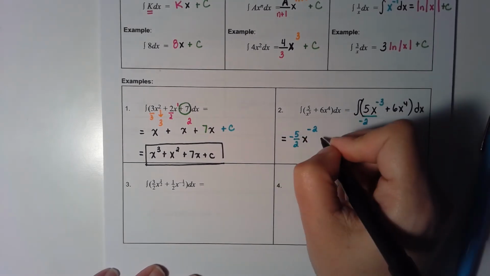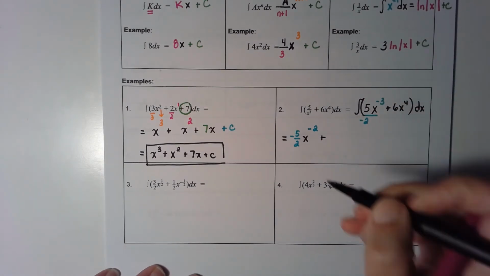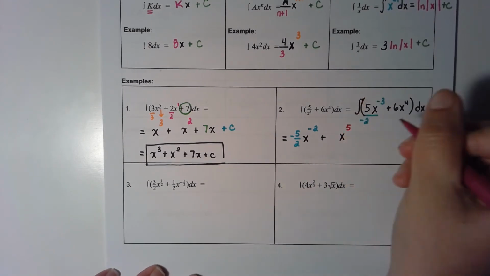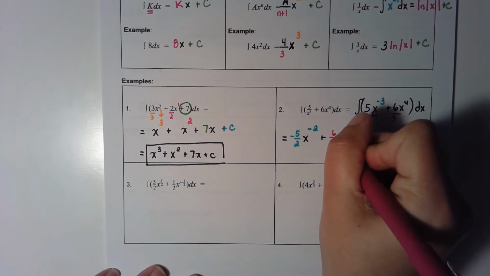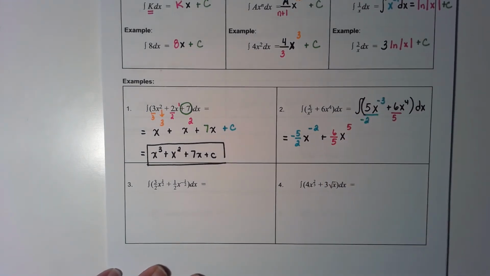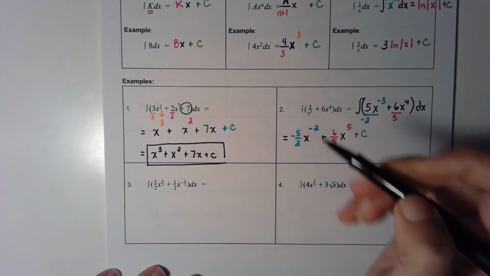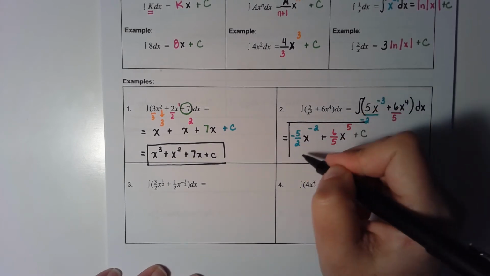Then I'm going to do plus, and now for my next term, if I take my x and add 1 to the power, I get x to the fifth. And then if I divide by 5, I get 6 over 5, x to the fifth. And then I'm going to put a plus c at the end to save a spot for that constant that might or might not have been there, but we need to save him a spot either way.